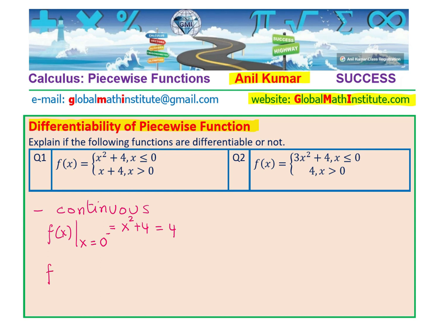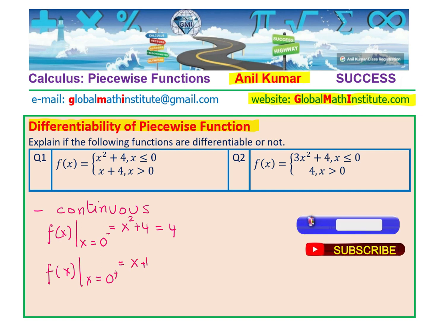Now let's also look into this function when x is approaching from the right side, means x is greater than 0. In that case, we are looking at the function x plus 4, and when x is 0, this is also 4. So that means it is continuous. So the first part we have done correctly.